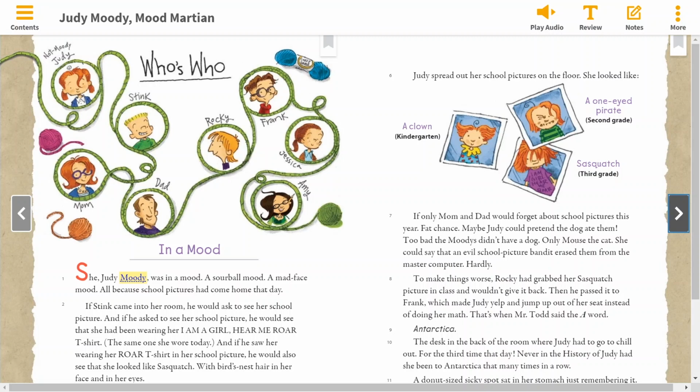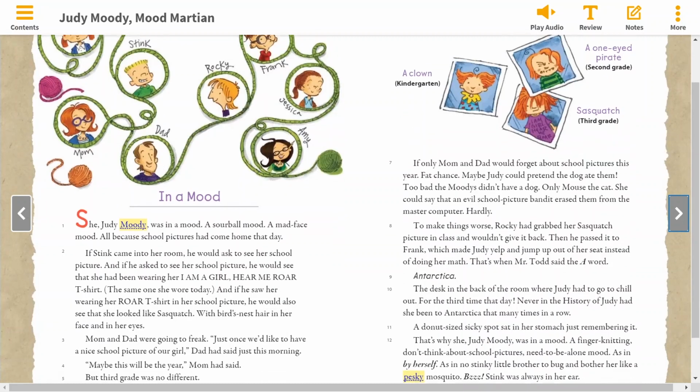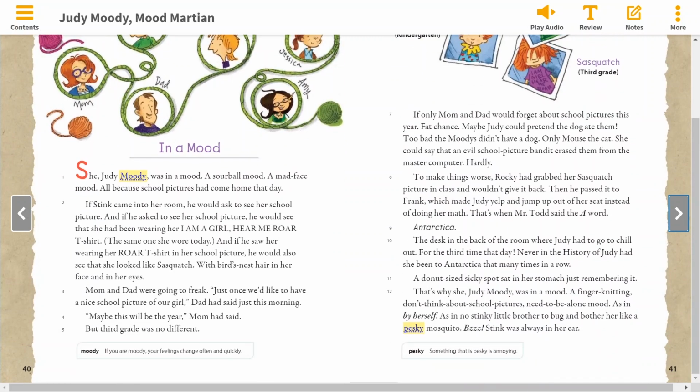Mom, Stink, Dad, Rocky, Frank, Jessica, Amy. In a mood. She, Judy Moody, was in a mood. A sour ball mood. A mad face mood. All because school pictures had come home that day.